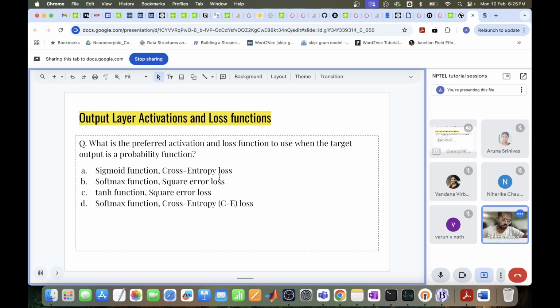The output of the activation function should satisfy the two properties of probability distribution functions that I talked about earlier: that every output should be non-negative, and that the sum of all the outputs should be one. Out of these functions, you can remove the ones that don't satisfy these properties.